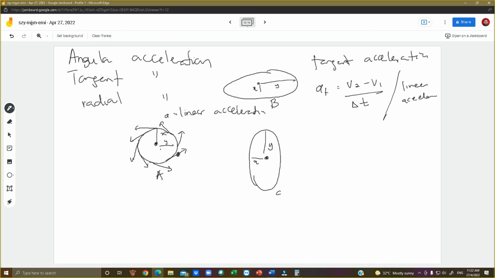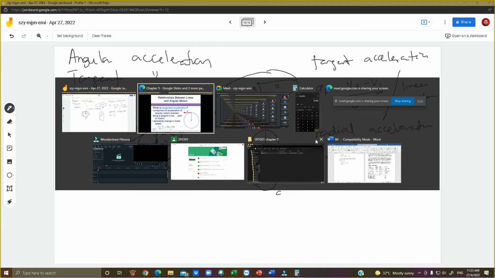So at the base of tangent acceleration, towards the center of the curvature, we are going to have radial acceleration. Ataupun kita namakan ini sebagai AR. Okay, radial acceleration, v square over radius.